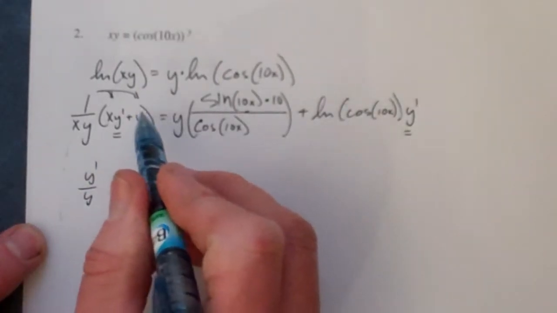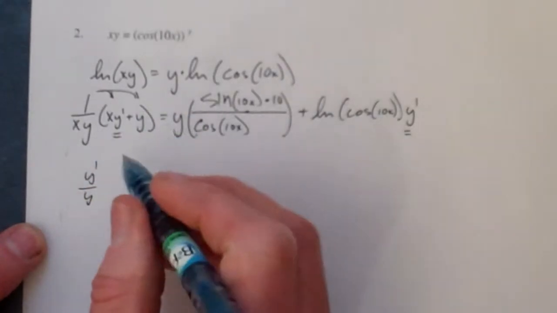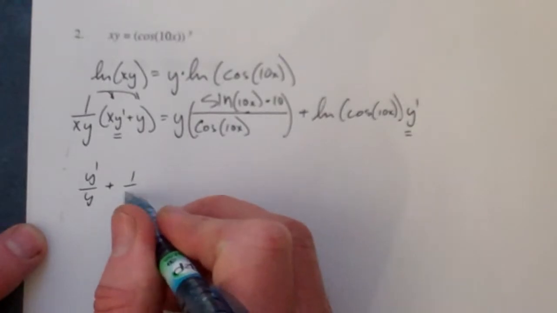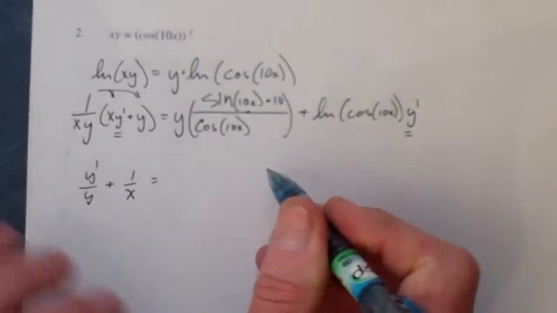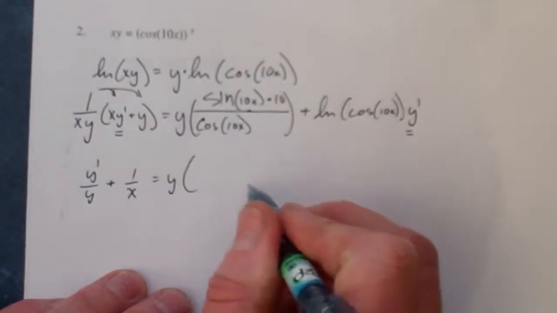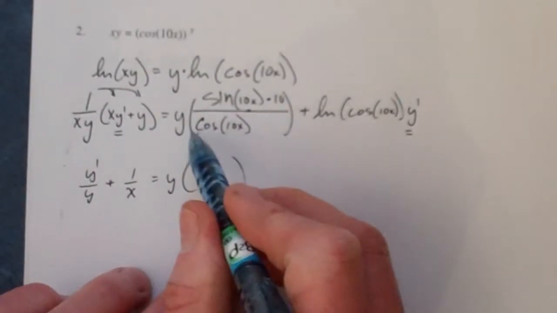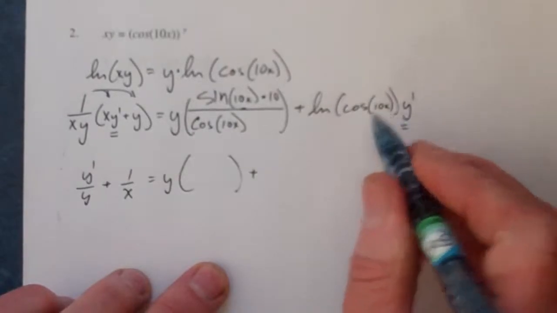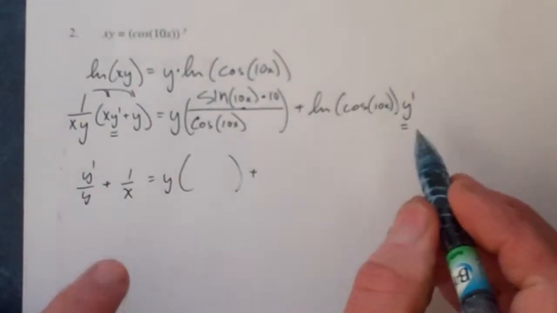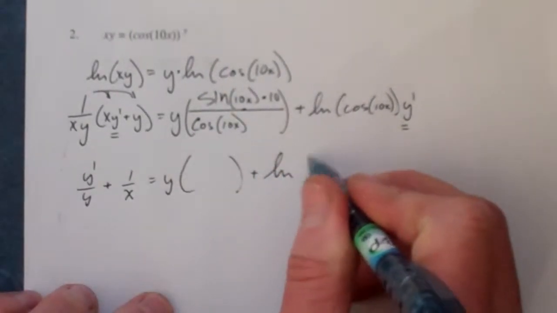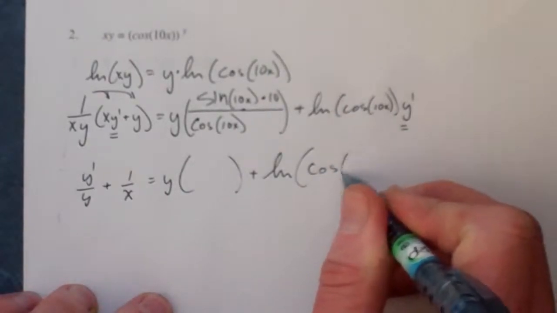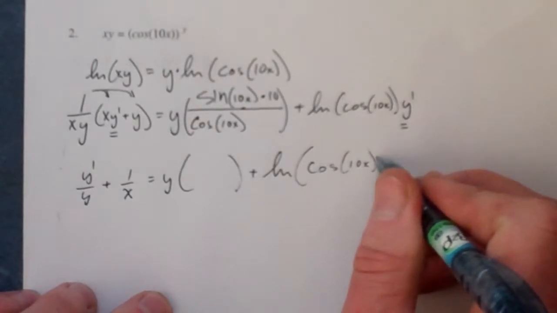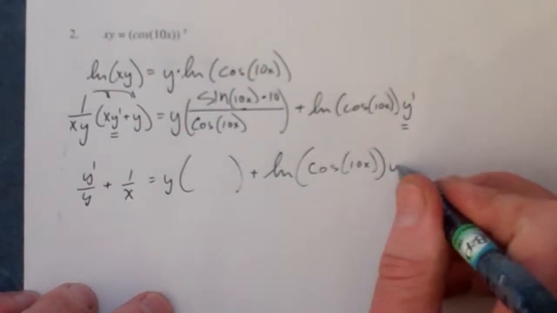And then here, the y's cancel, and I'm going to say plus 1 over x is equal to y times, and here's where you can save a little bit of time, it's going to be just that plus, and here, let's see, I'm just going to write it again. Cosine of 10x, and then I'll put y prime right there.